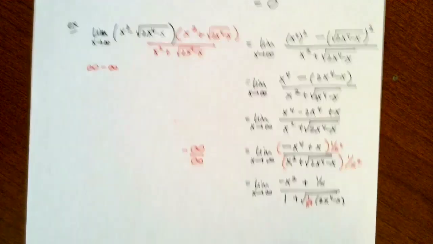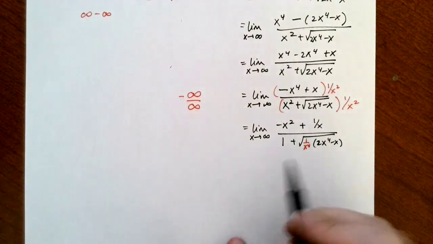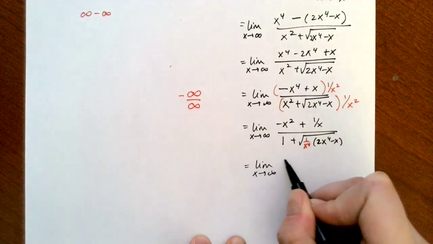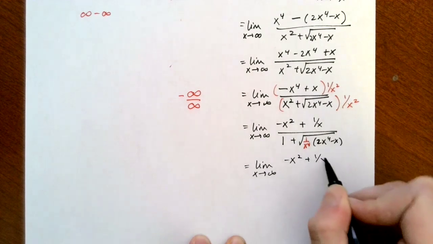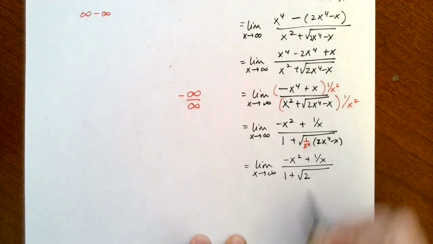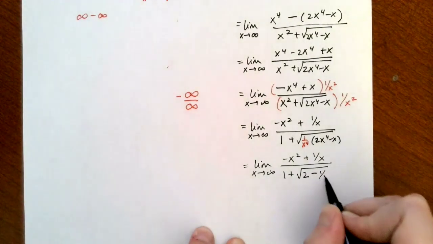And then separately in my next step, I'm going to distribute that 1 over x to the fourth inside here and simplify my terms. So I have 2x to the fourth over x to the fourth. And then minus x over x to the fourth gives me 1 over x to the third.